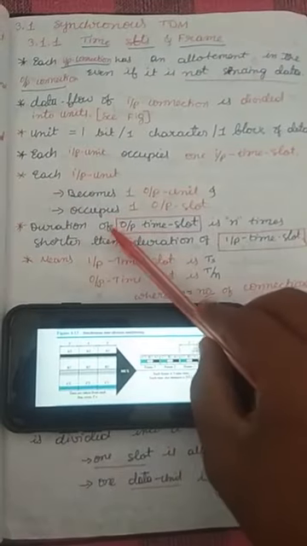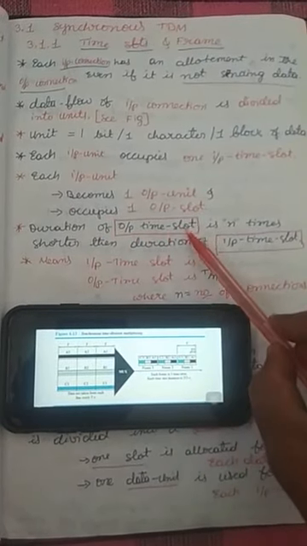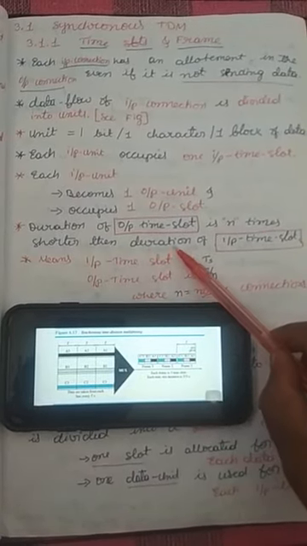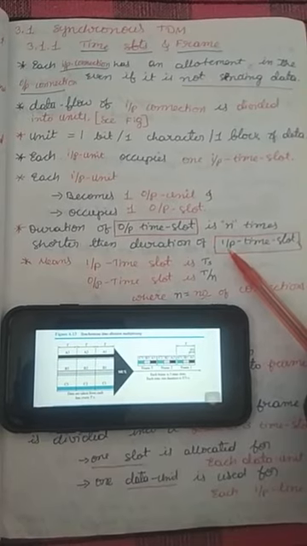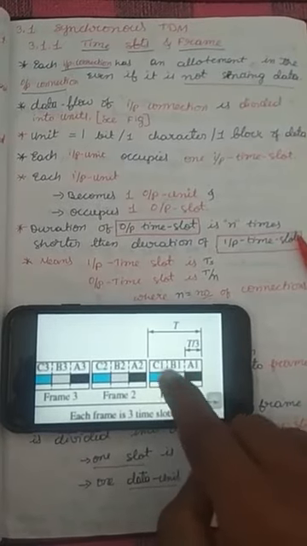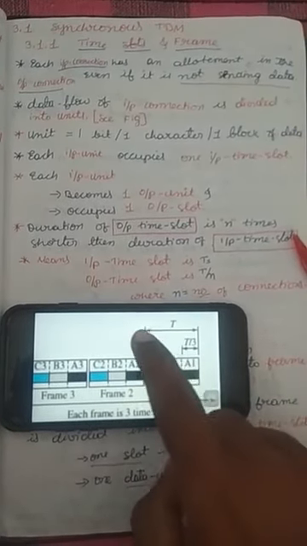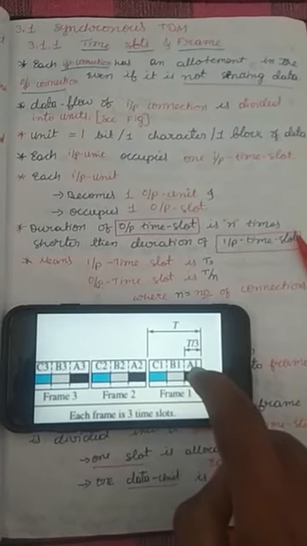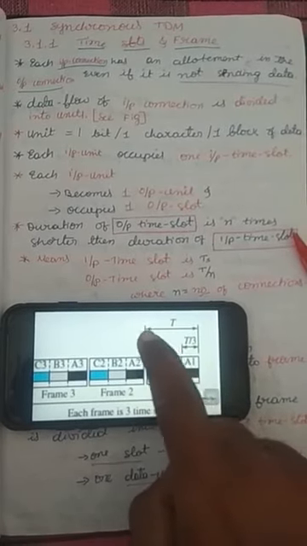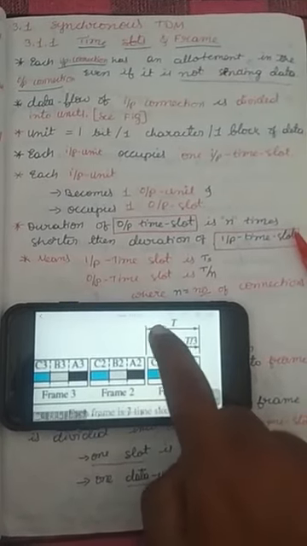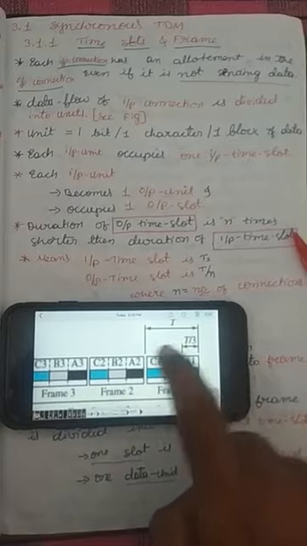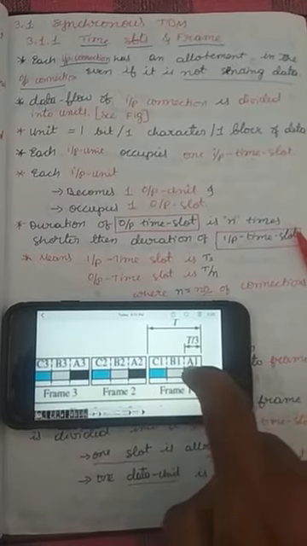Next, the duration of the output time slot is n times shorter than the duration of the input time slot. You can observe that the frame has duration T, and A1 is T by 3, because in this frame there are 3 slots: A1, B1, C1.